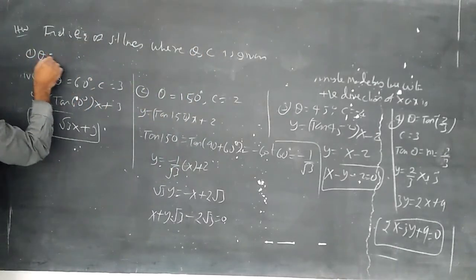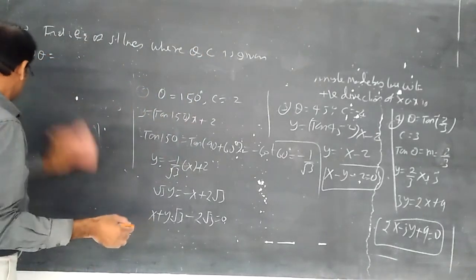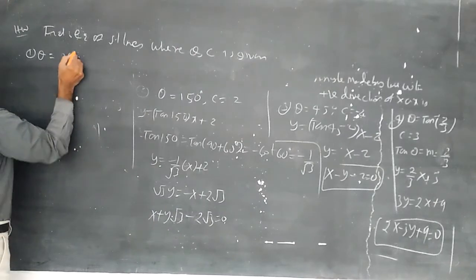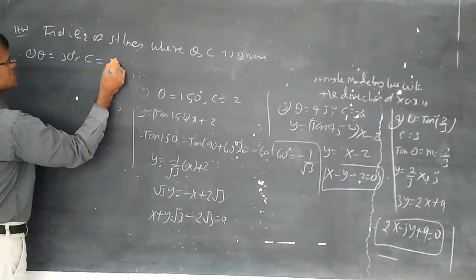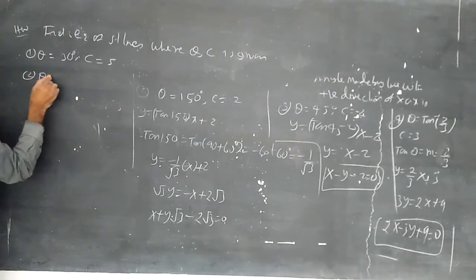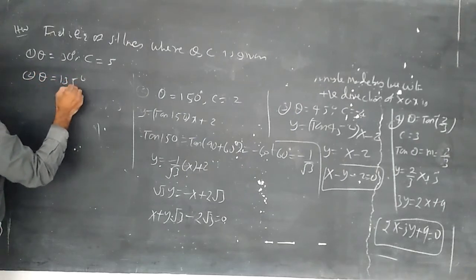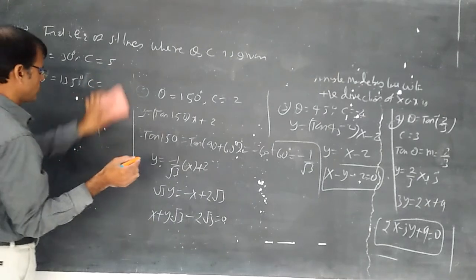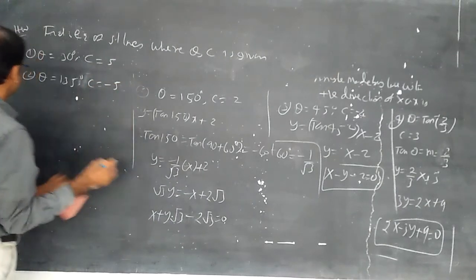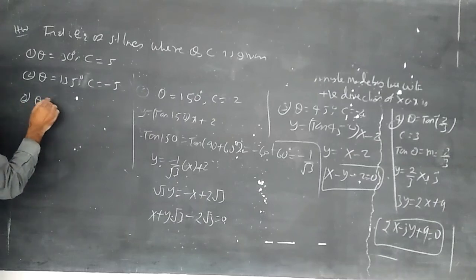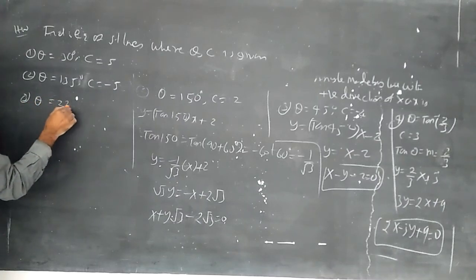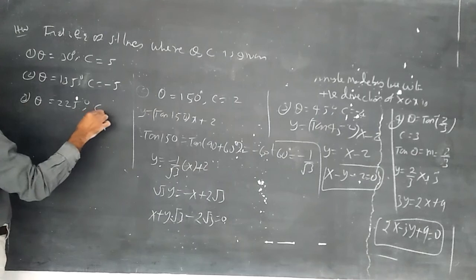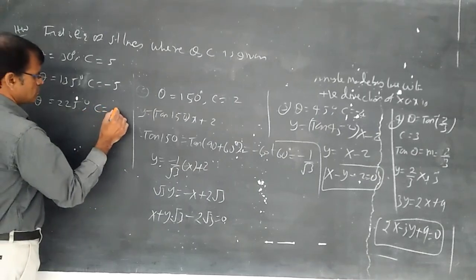First question, theta is equal to 30 degrees, c is equal to 5. Second, theta is equal to 135 degrees, c is equal to minus 5. Third one, theta is equal to 225, c is equal to 7.